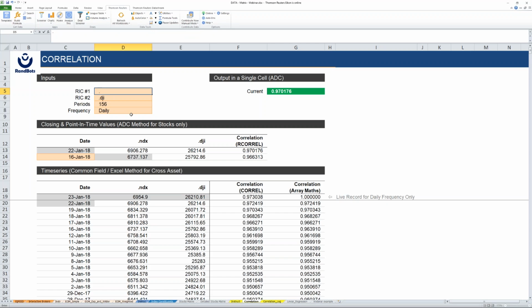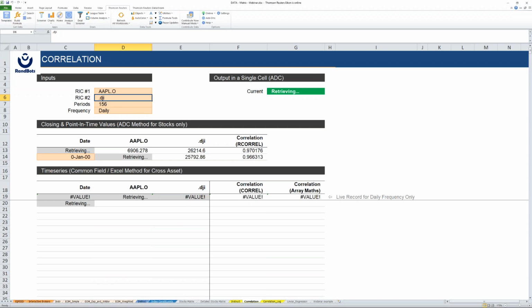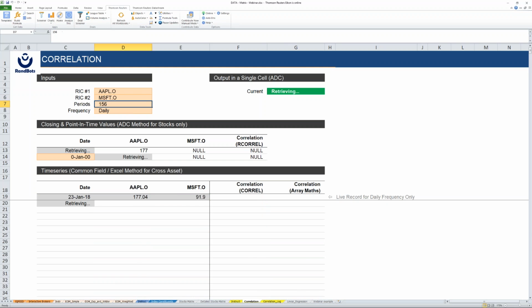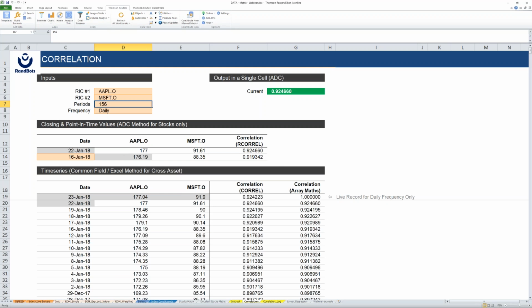So for example, here on this simple Excel, we can see the correlation between, I don't know, AAPL and MSFT, Microsoft.